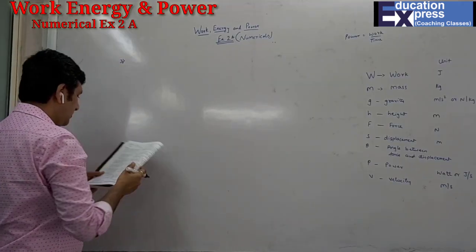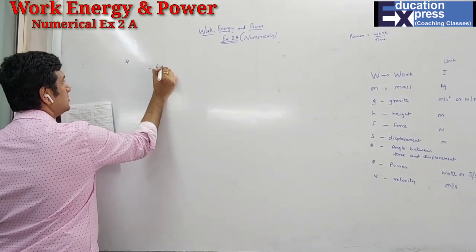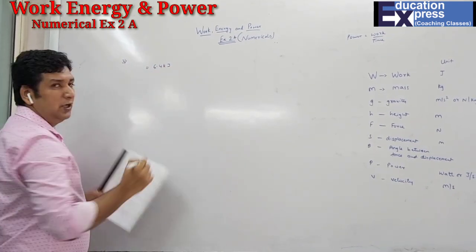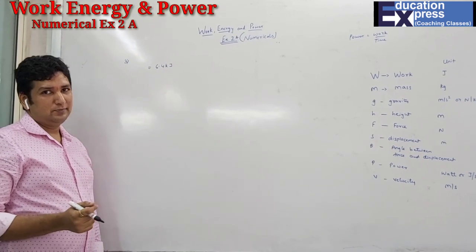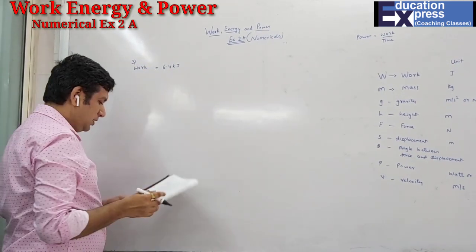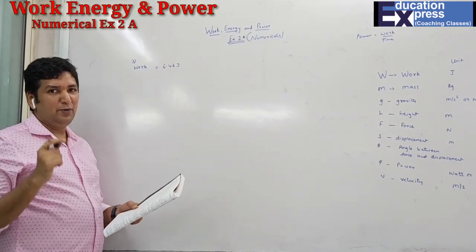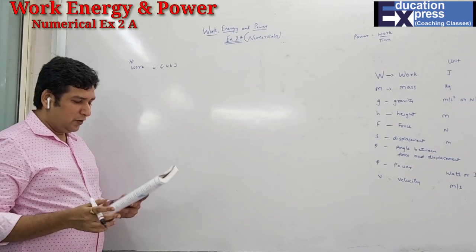Question. A man spends 6.4 kilojoules. Students, joule is needed for work, so it is 6.4 kilojoule. Energy spent, obviously I have told you the energy and the work have the same unit. So joule is needed for the work.